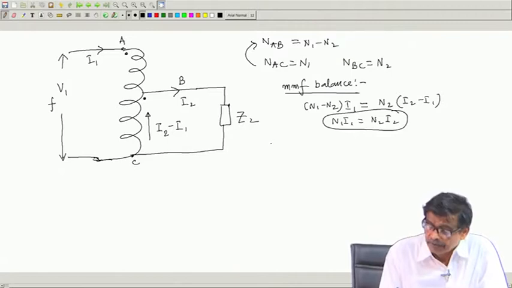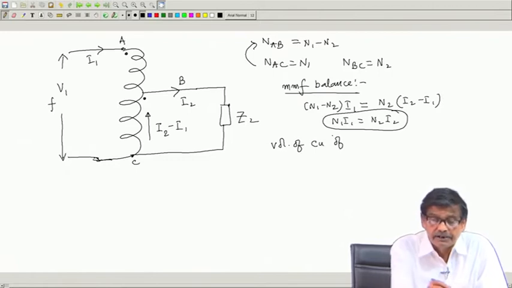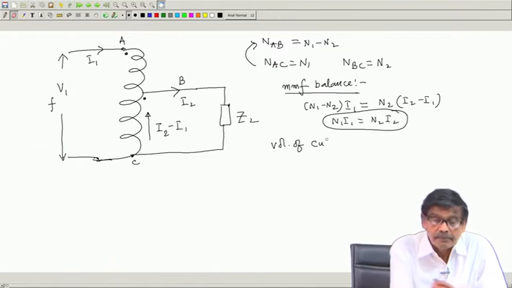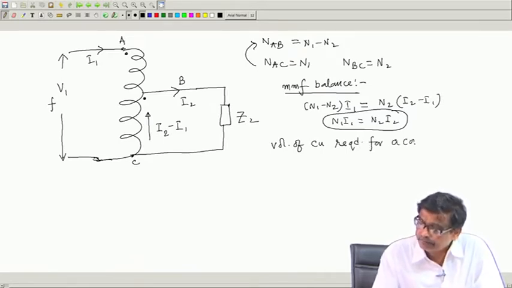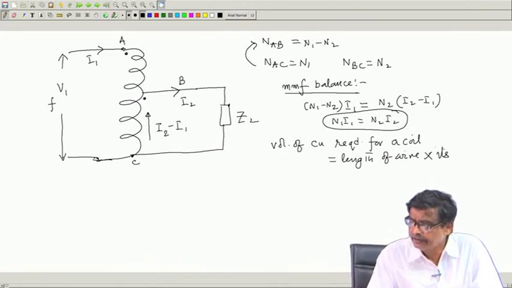Now, volume of copper required for a coil will be simply the length of wire into its cross sectional area, wire cross sectional area.